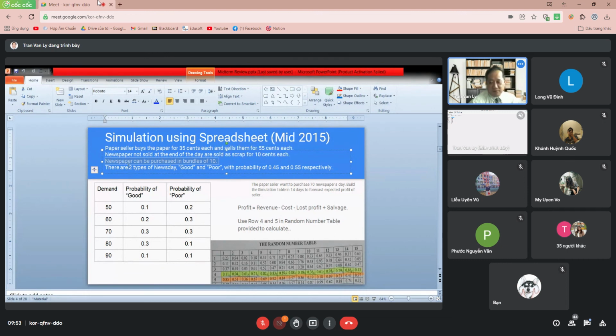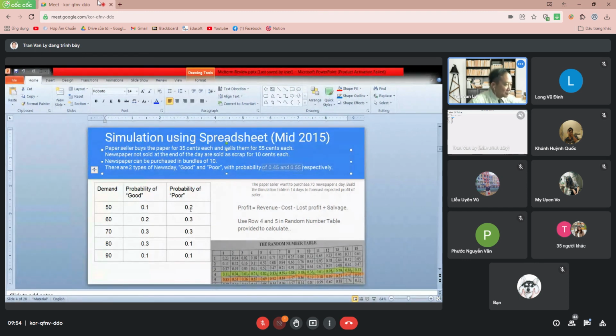And this is very important: 2 types of news day, good and poor, with the probability of 0.45 and 0.55.